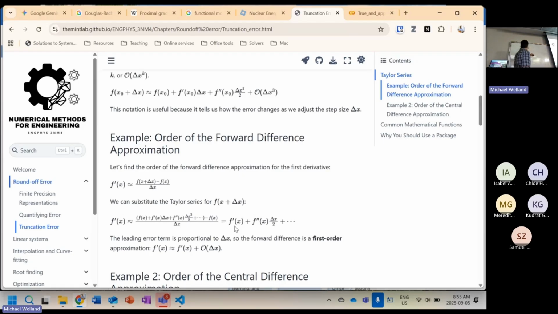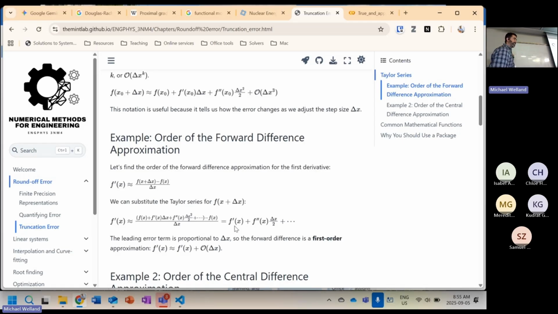So this term moves over to this side. You have this minus that minus f double prime over 2 delta x squared and so on.